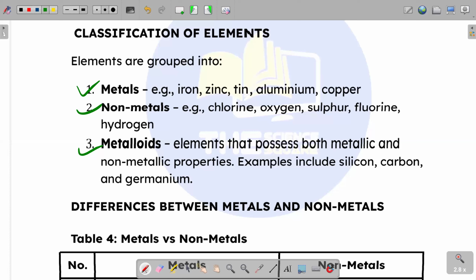Such elements are regarded as metalloids. Examples are silicon, carbon, and germanium. Examples of metals include iron, zinc, tin, aluminum, and copper. Examples of non-metals include chlorine, oxygen, sulfur, fluorine, and hydrogen.